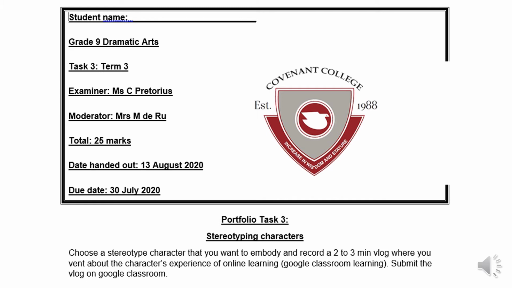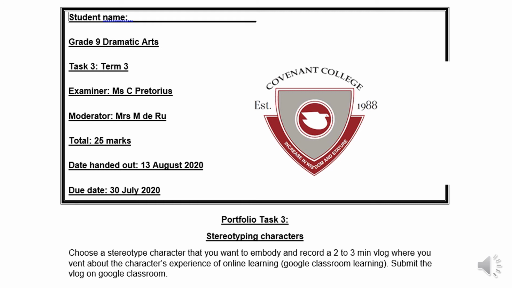Okay, so take that character, and then as that character, you explain or you do a vlog, so you do a little bit of a diary entry, if you have to have it like that, about online learning.